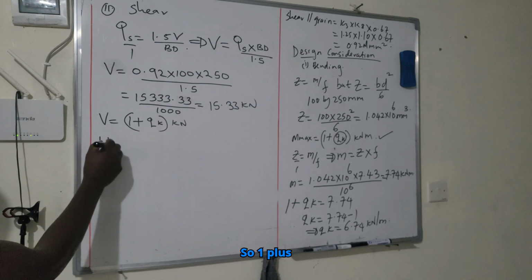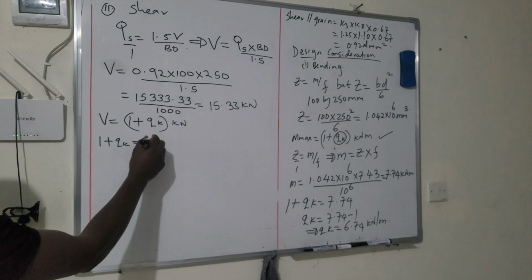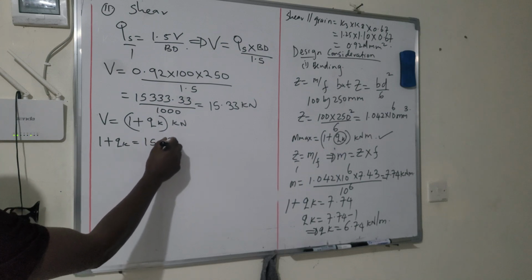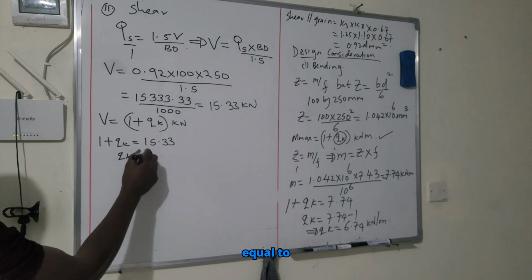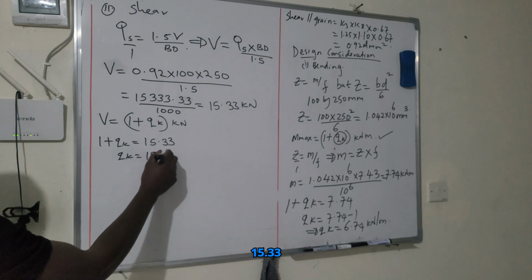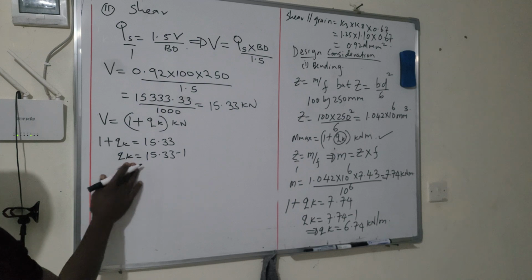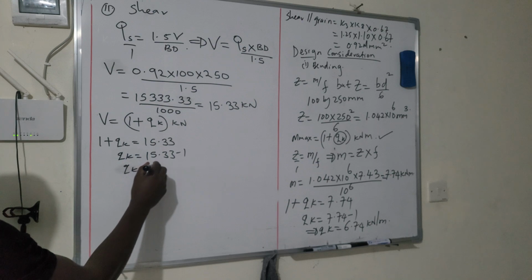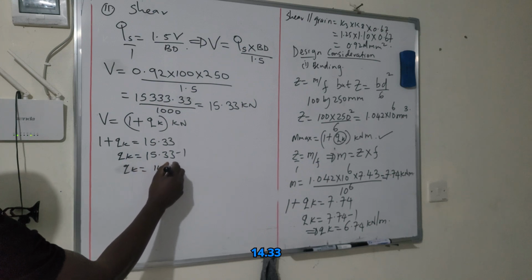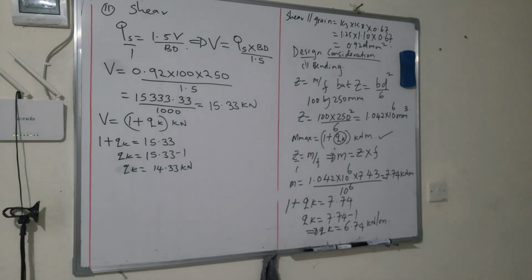So 1 plus QK is equal to 15.33, which imply QK is equal to 15.33 minus 1. So QK is equal to 14.33 kilonewton. That is consideration number 2.